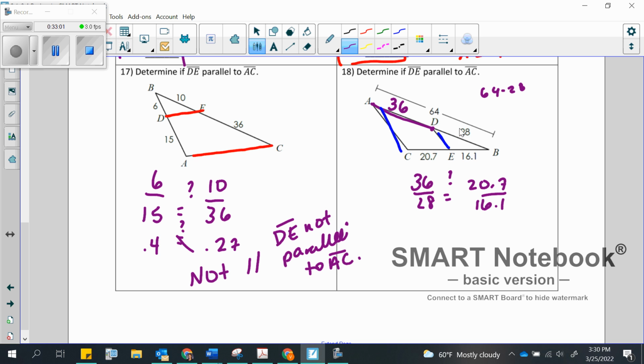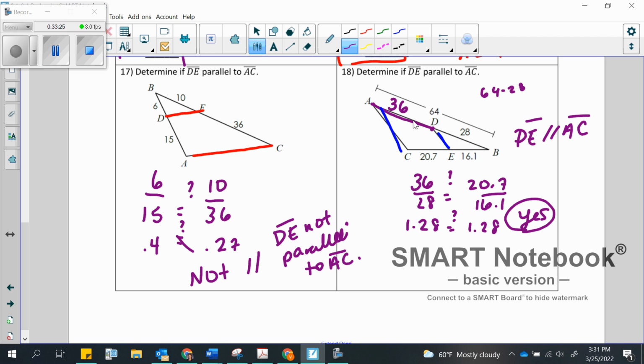We want to know, are they equal? There's nothing to really solve there. So this gives me 36 over 28, 1.28, and we want to know, does that equal 20.7 over 16.1? We'll get 1.28, so yes, it does. What does that mean? Is DE parallel to AC? Yes, they absolutely are.